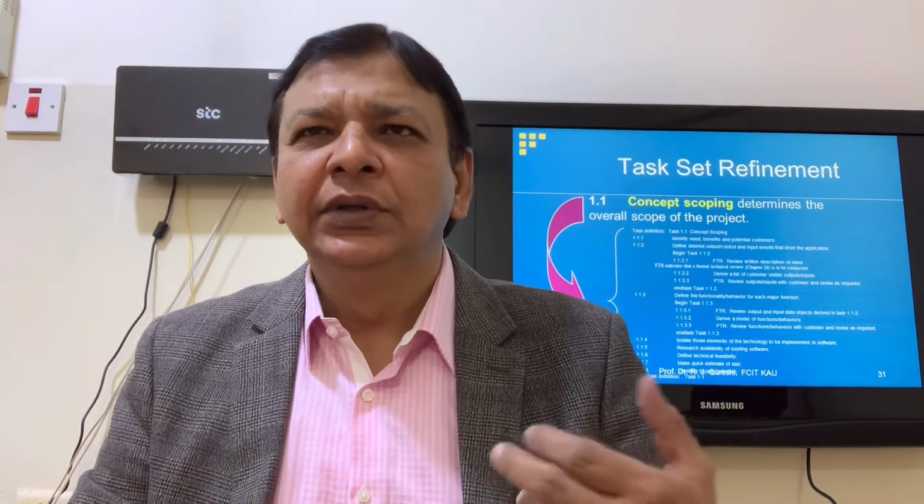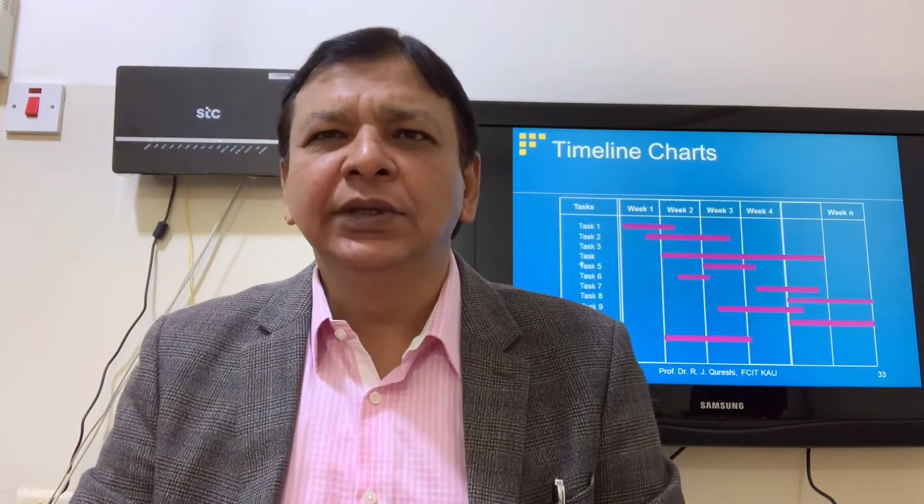We have task set refinement, like work breakdowns, task network, Gantt chart, and schedule tracking. So how to track the schedule? Conduct periodic project status meetings in which each team member reports the progress and the problems. Evaluate the results of all reviews conducted throughout the software engineering process. Determine whether milestones are achieved as per the planned schedule.